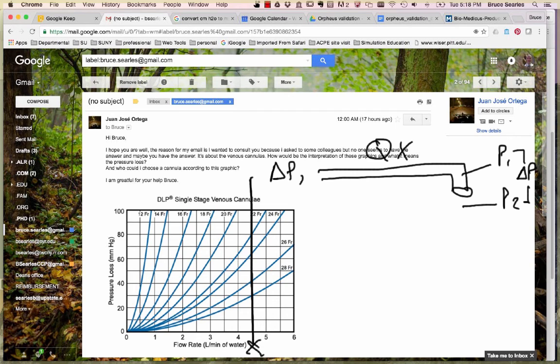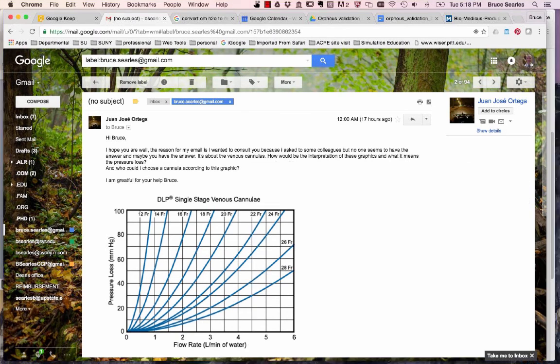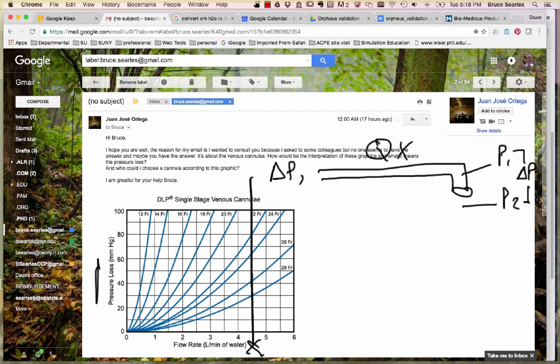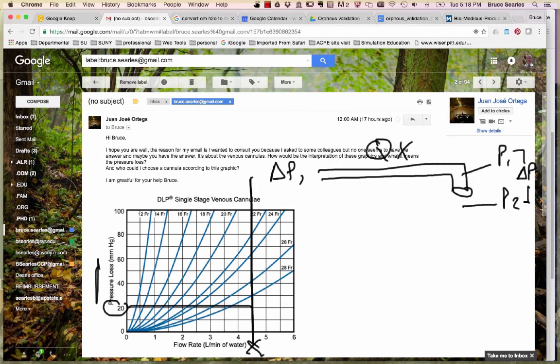So if you need a flow here at 4.5, you want to know which cannula you can select, and that's going to be based on the pressure loss, the pressure gradient, that you can provide that cannula. So we need to have a positive pressure of, say, 20. If we look at 20 here, we would need to have a positive pressure of 20 to get 4.5 liters through this cannula if it crossed at that point.